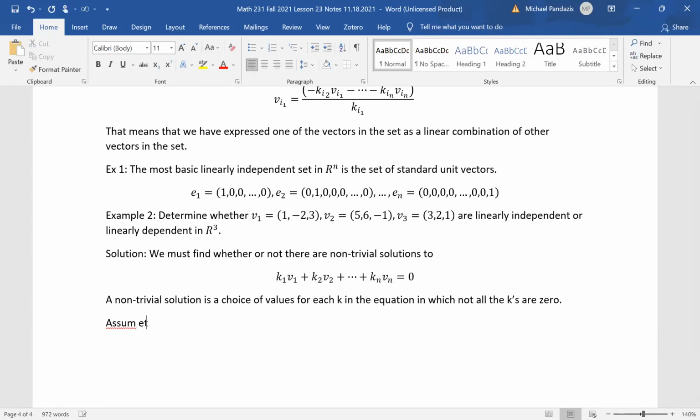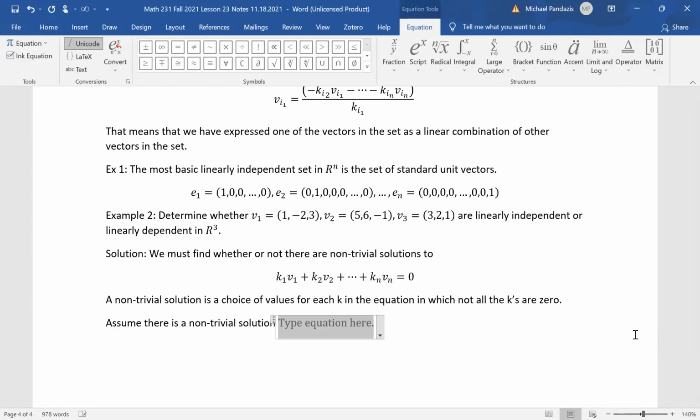Okay, so assume there is a non-trivial solution k1, k2, dot, dot, dot, kn.